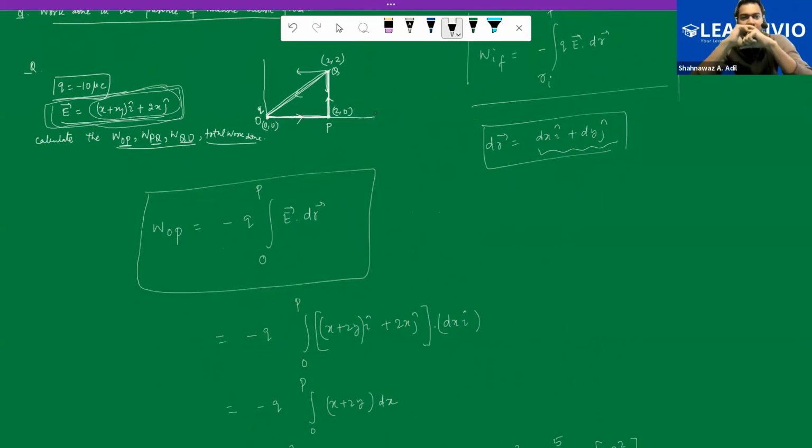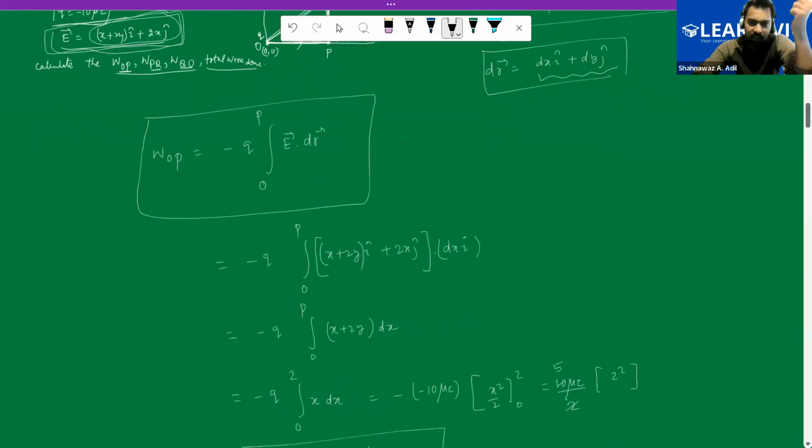In this diagram, from P to Q, what can you say about x, guys?